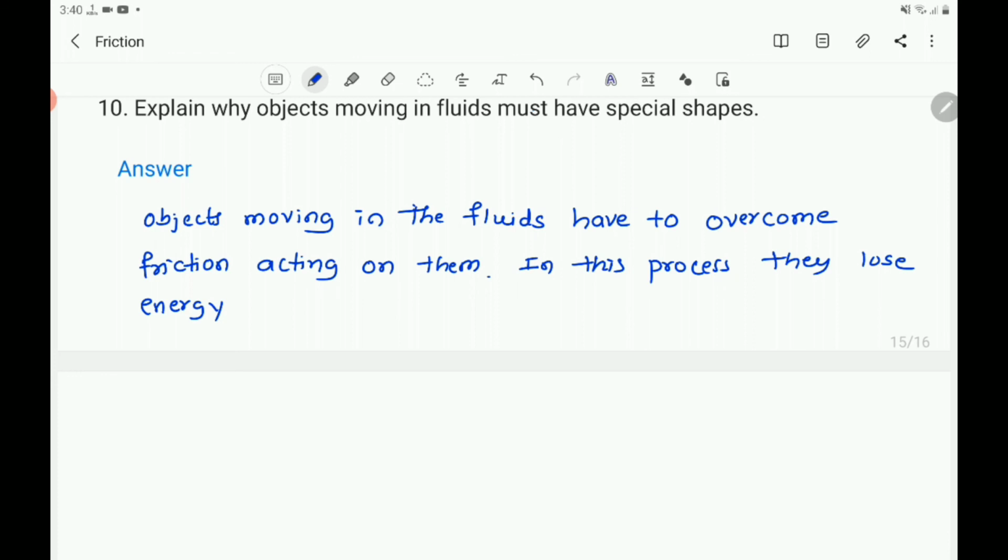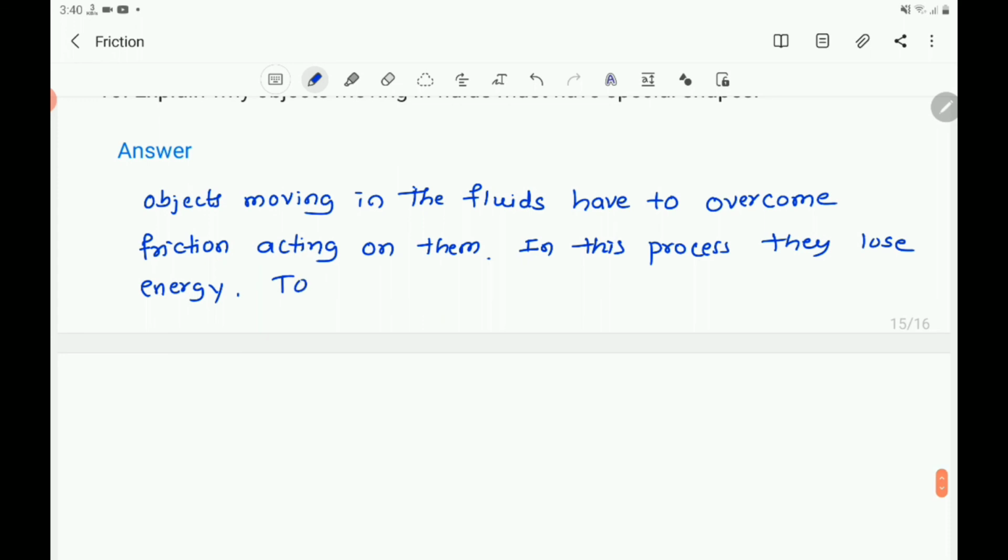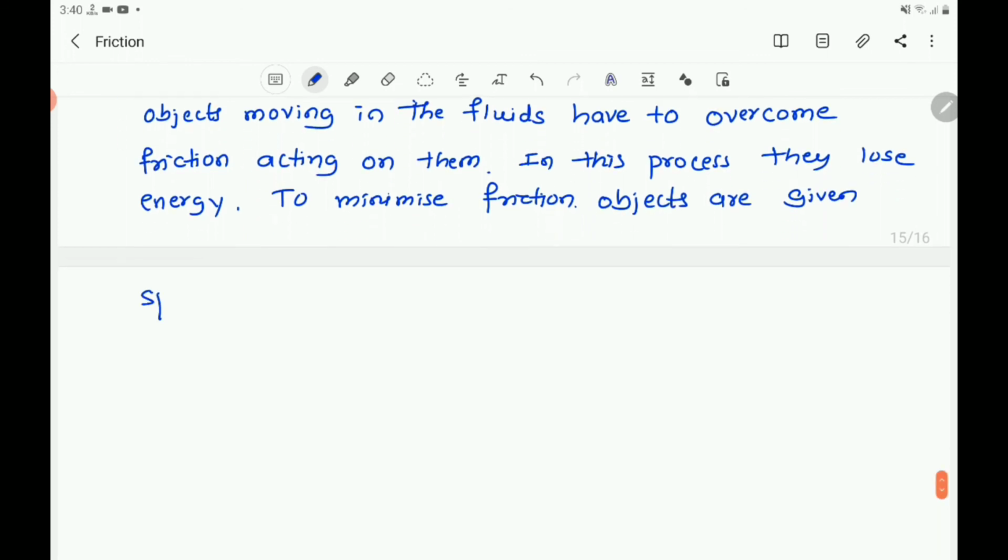Therefore, to minimize friction, objects are given special shapes called streamlining.